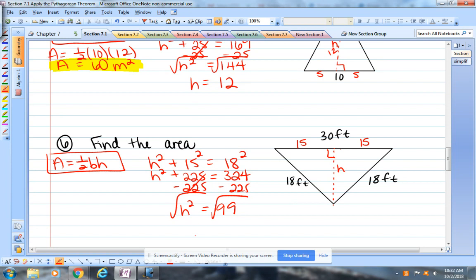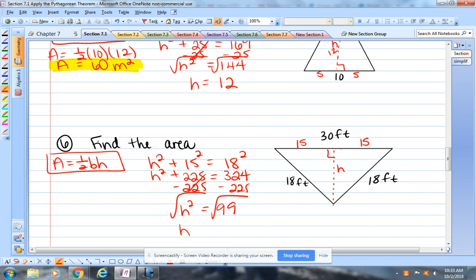So y'all can approximate this for me. Before we punch it in our calculator, let's use our brains for a second. What perfect square is 99 really close to? 100. And what's the square root of 100? 10. So the square root of 99 should be just under 10, shouldn't it? Yeah, 9.9. Is that what you get when we put it in the calculator?